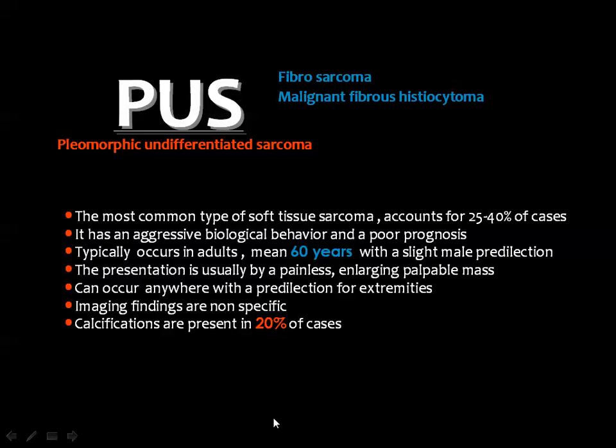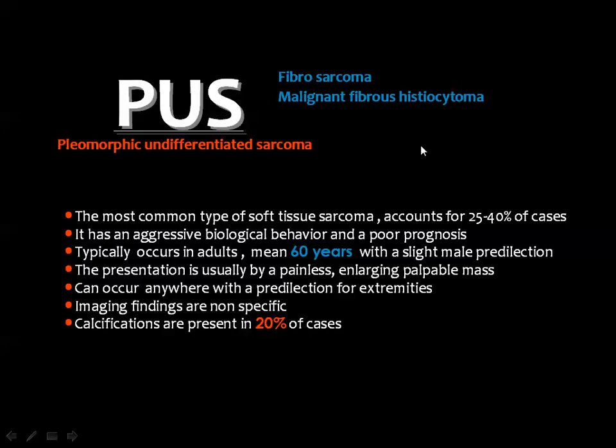Then the malignant one of adults is known as the adult type of fibrosarcoma. But this name has been changed in the recent classification of soft tissue tumors by WHO, presented in 2012.